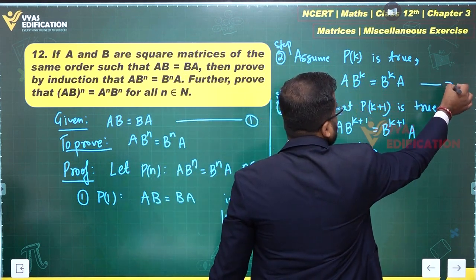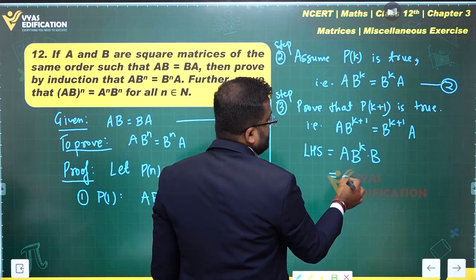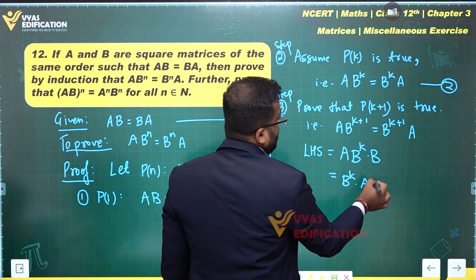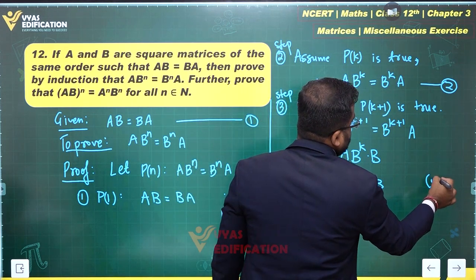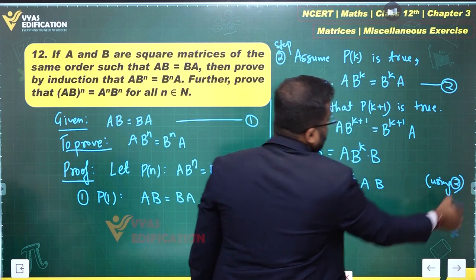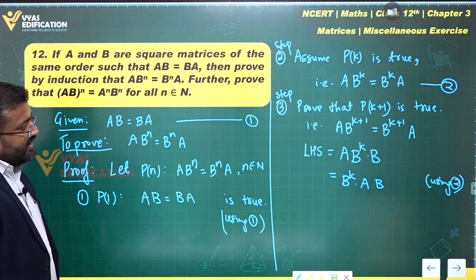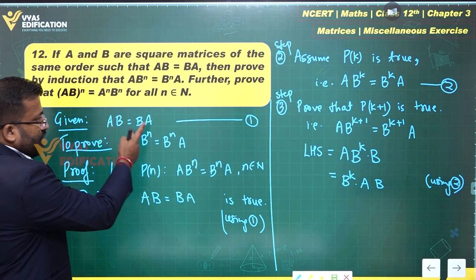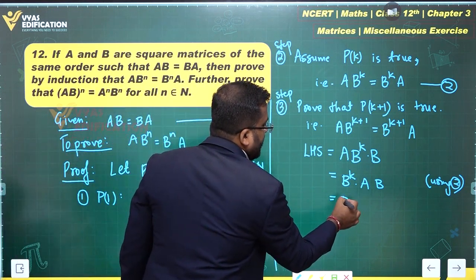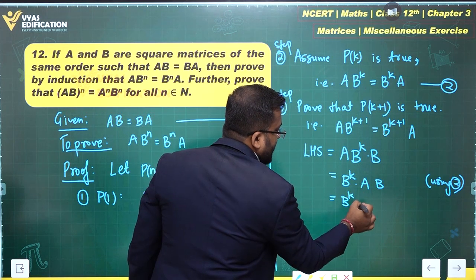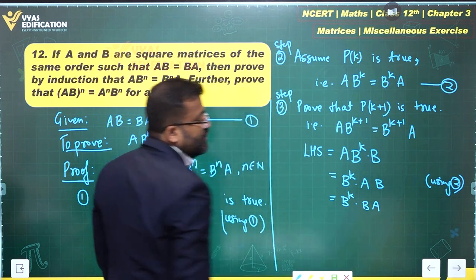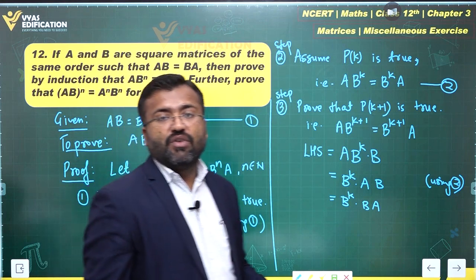Let's call this statement 2, and using 2, this can be done. I'll have to use 2. And one more thing that we can use over here is that AB is equal to BA. You can use 1 and we can rewrite B power k times A as A times B power k. This is using statement 1. We can observe that, right?